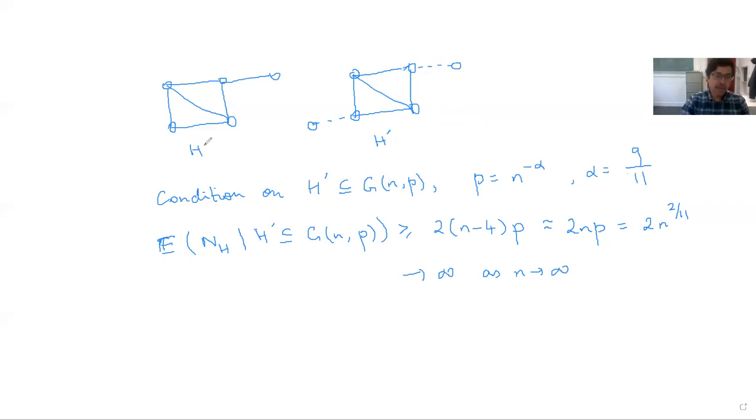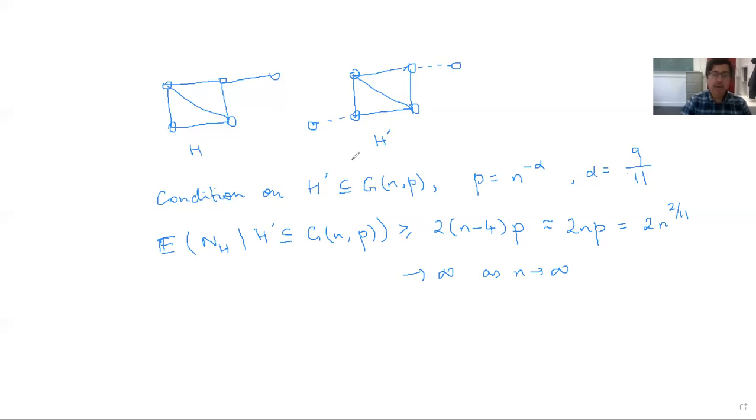And that's why you can have the expectation going to infinity, even though the probability is going to 0. So you can have a sequence of random variables which converges to 0 in probability, but whose expectation goes to infinity. And that's what's happening here.